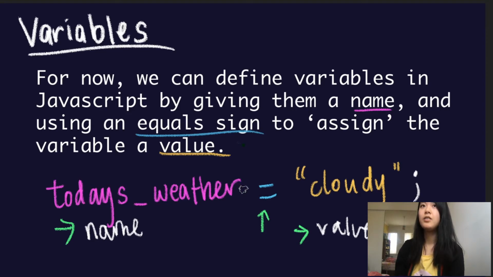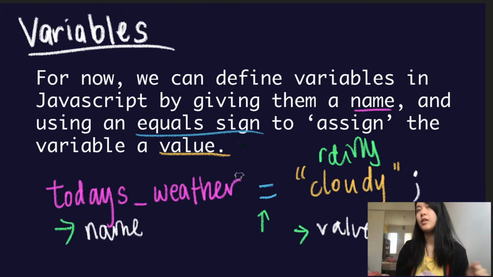Then you can reuse the variable's name everywhere in your code where you would want to use the number or the string or whatever you have stored inside. So if we changed cloudy to rainy and we had a program all using today's weather, it would replace every instance of cloudy with rainy instead.